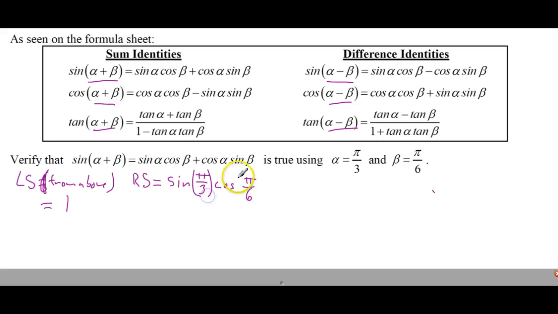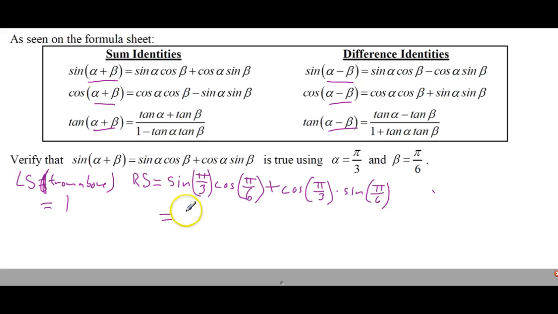Now let's throw some nice little brackets around there. Plus cos alpha, so cos pi over 3, times the sine of beta, which is pi over 6.